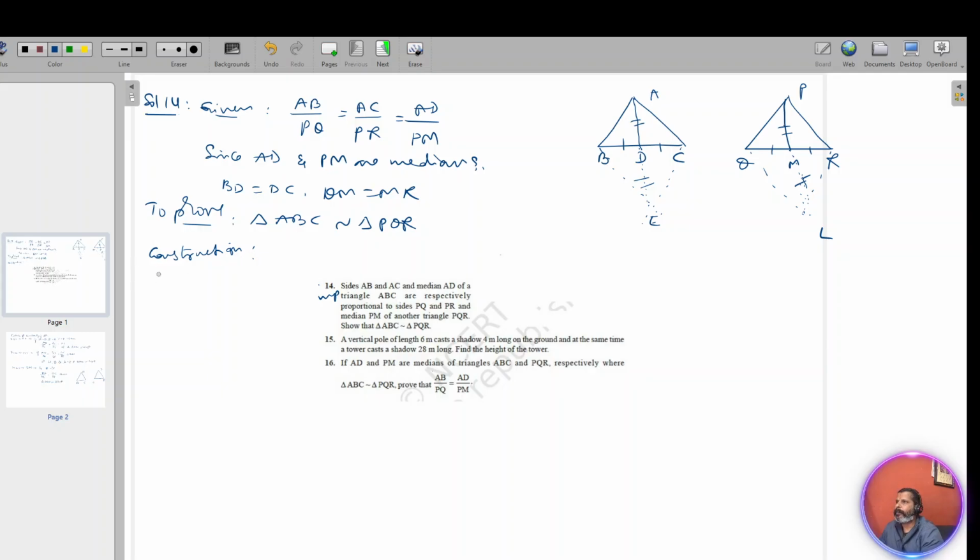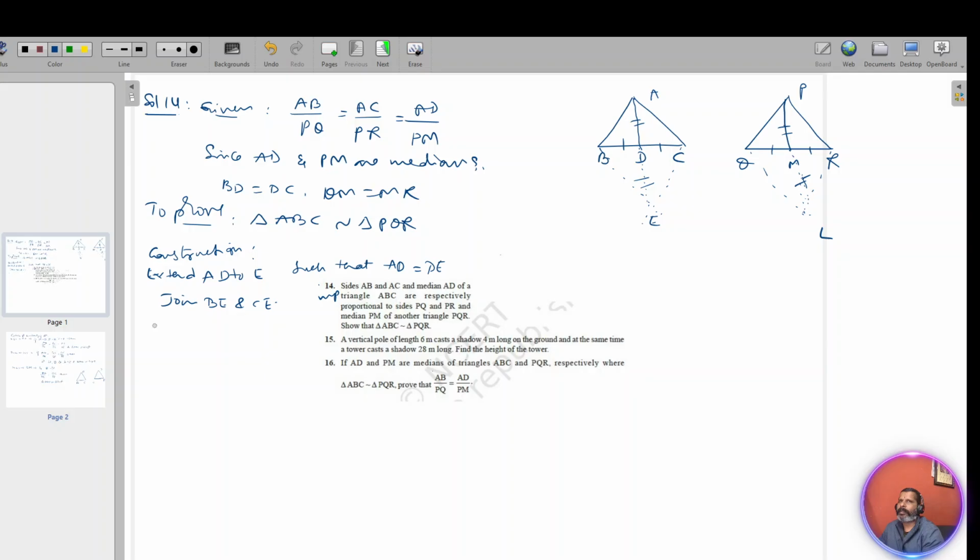Construction: extend AD to E such that AD equal to DE. Join BE and CE. One side triangle completed.